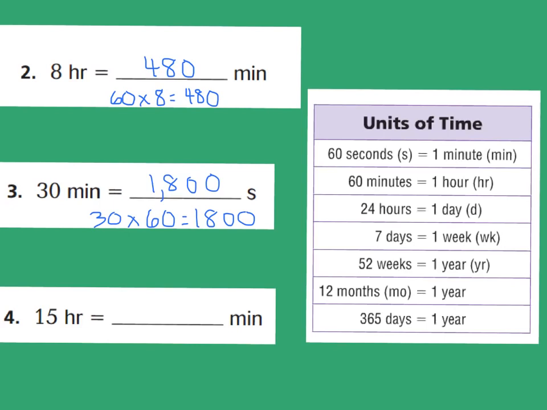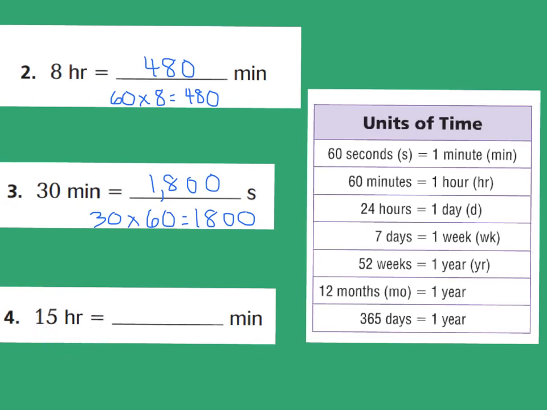And let's take a look at question number 4. It says 15 hours equals how many minutes? So let's look right here at our hours and minutes. We know that there are 60 minutes in 1 hour, and if we have 15 hours, we want to know how many minutes that would be.